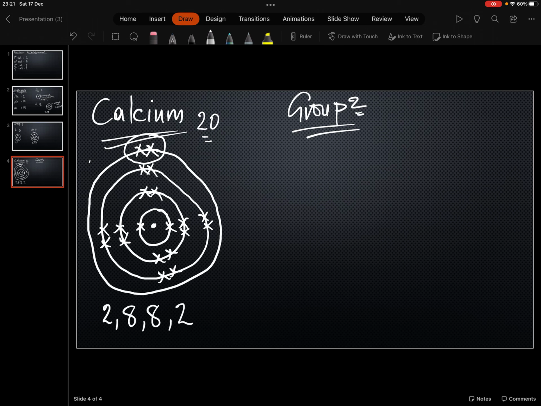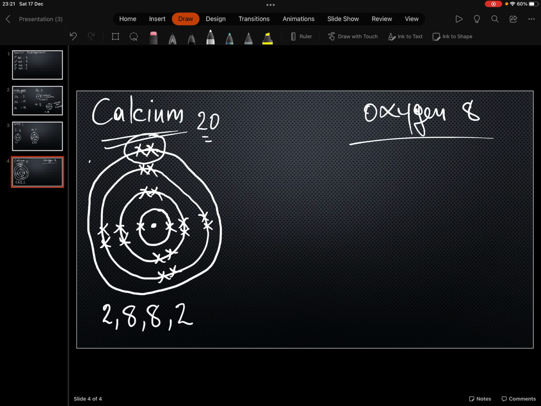So I'll rub this out from here, and I'll draw oxygen. Oxygen's got 8 electrons, okay? So if I draw the atom now, I'll show you how that's done. First shell's got 2, and remember they need to add up to 8, okay?